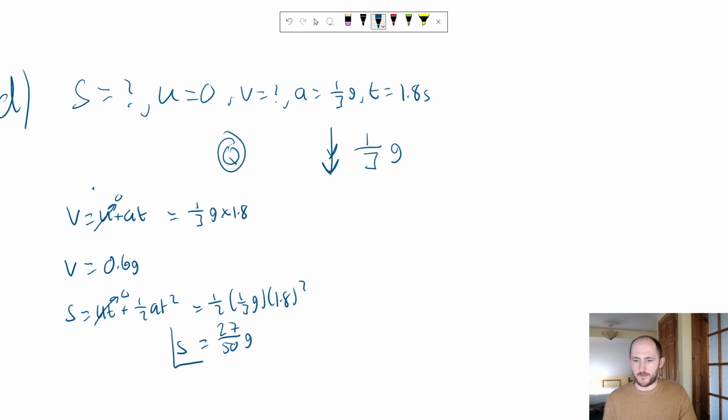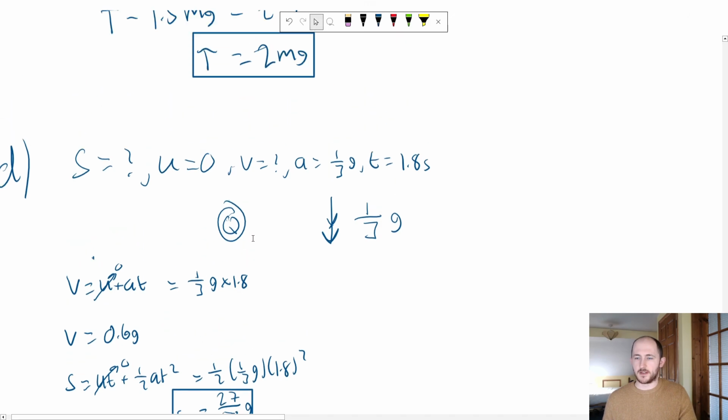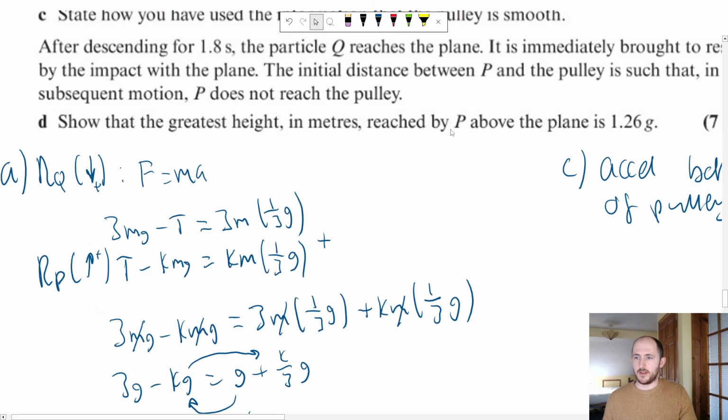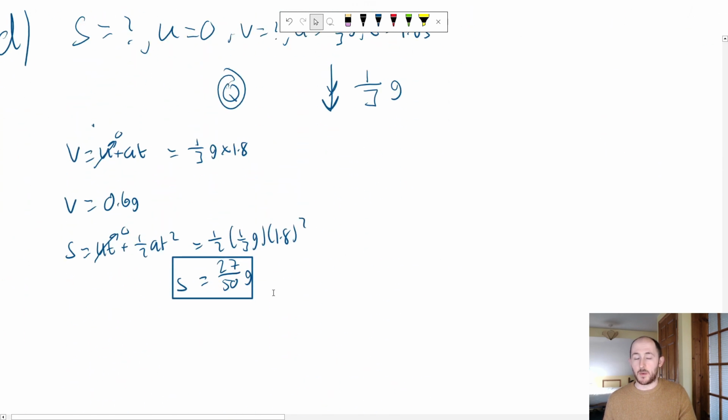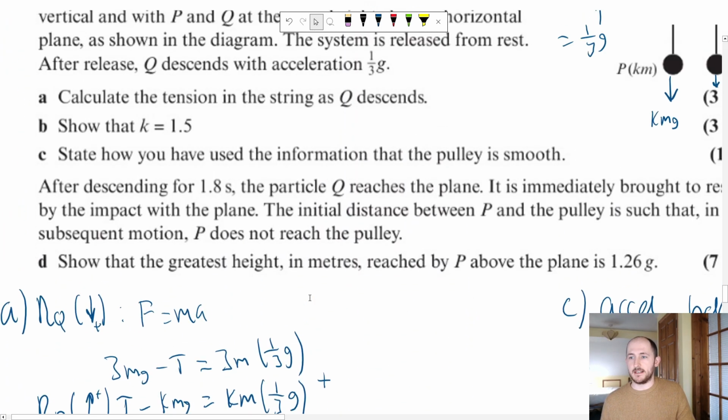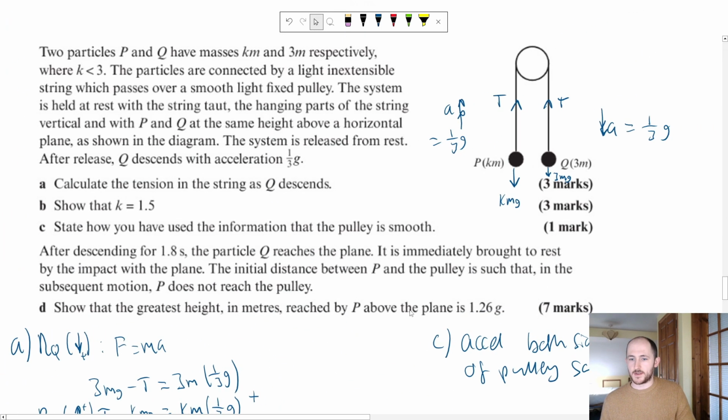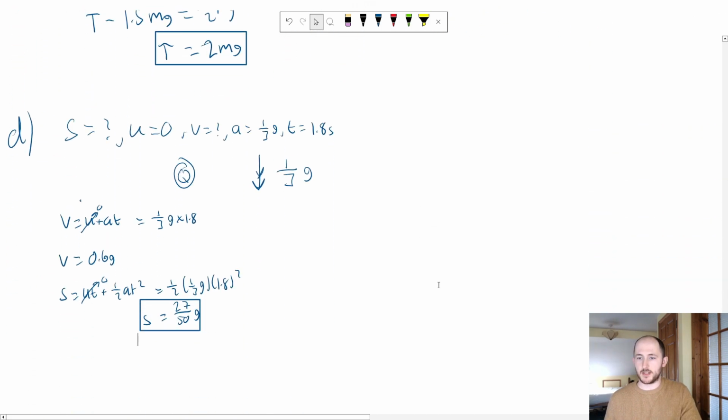So this is like the first part of the distance, okay? So if we look back at the question, the greatest height reached by P above the plane is 1.26 g. Well, it's gone up by 27 over 50 g. Now, there is a bit of a stealthy nature to this. If you remember, P and Q were at the same height. So let me just draw out the situation that's happening.